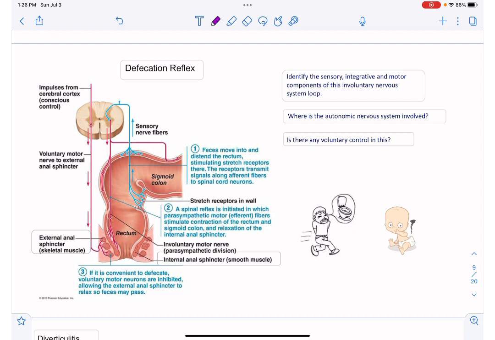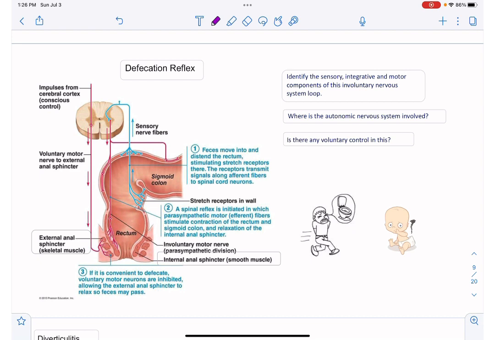And maybe just take a second and orient yourself with the picture. Take a look at here and read through it and try to figure out what's going on. All right, so what is the sensory stimulation for the defecation reflex?